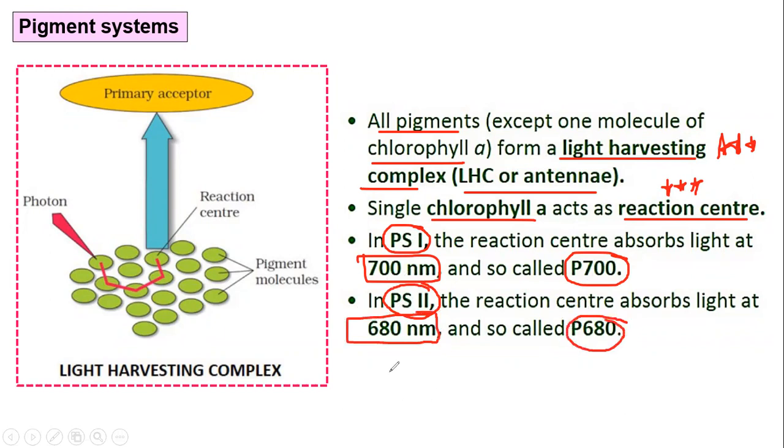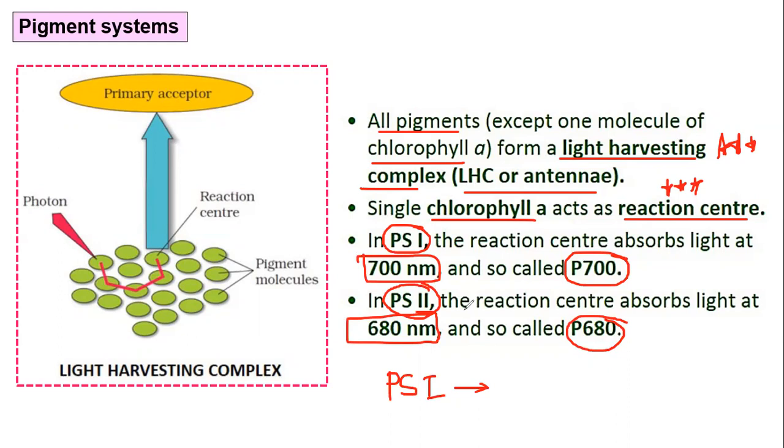So whenever PS1 is written, the thing that should immediately come to your mind is that it absorbs light of wavelength 700 nanometer. And PS2 means it absorbs light of wavelength 680 nanometer.